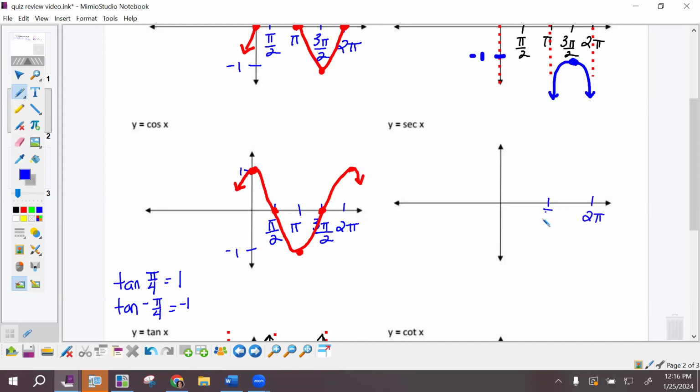For the secant graph, I'm going to build that off of my cosine graph. So anywhere cosine has an x-intercept, secant will have a vertical asymptote. Still need the maximum and minimums here.